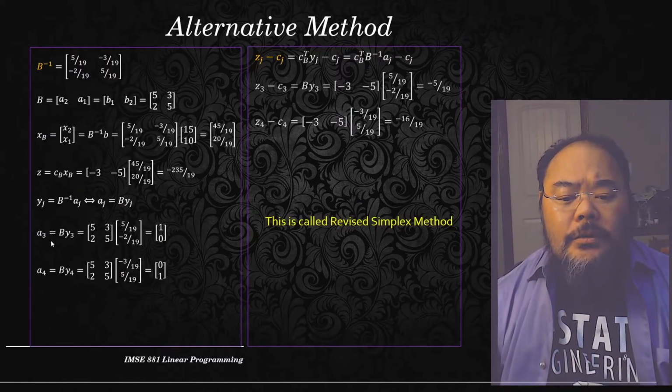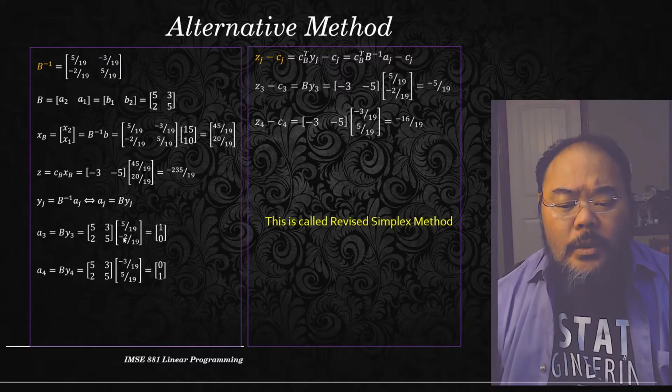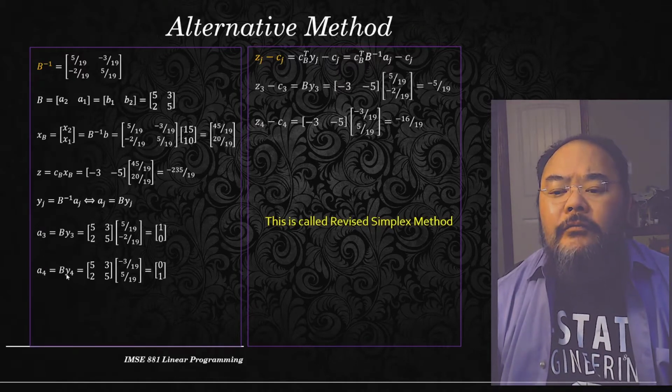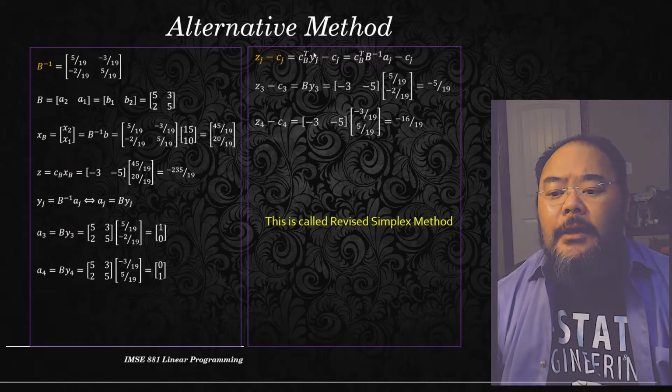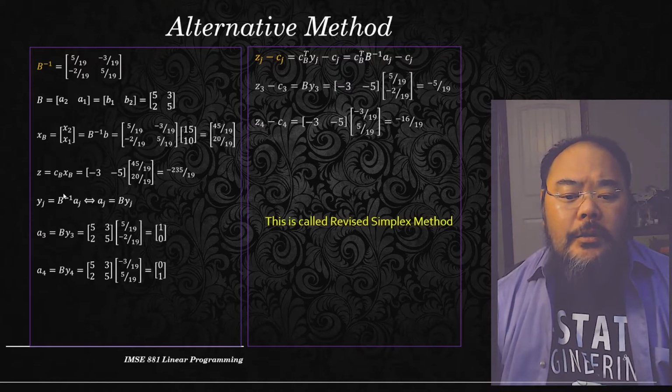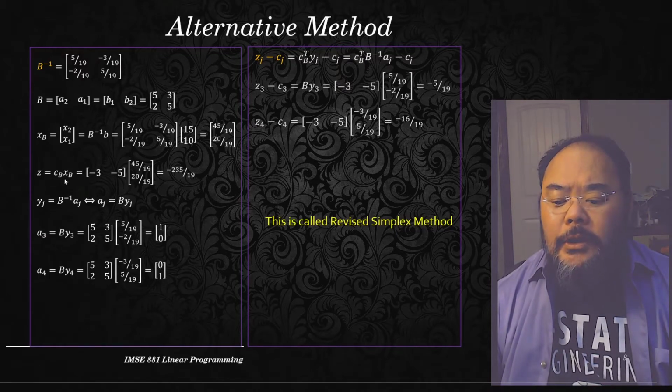Also, with the basic yj column, I can revert it back into the original constraint if we want to. And we can calculate the corresponding zj minus cj. Okay, zj basically equals cb transpose times yj, minus cj. Also yj equals b inverse times aj, so right here.